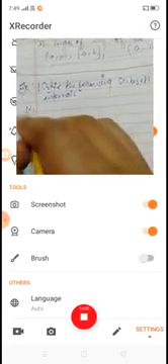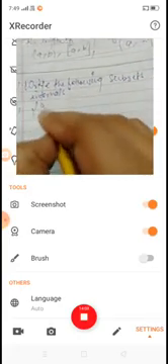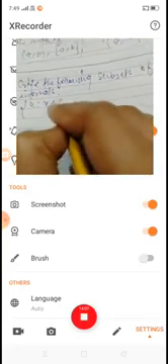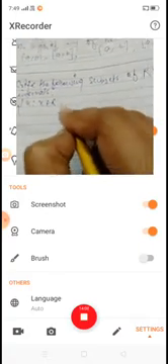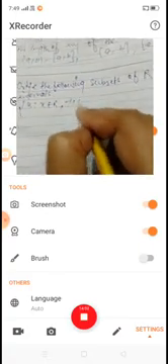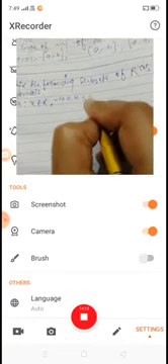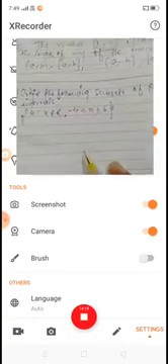First one: x such that x belongs to real numbers, -4 less than x less than or equal to 6.